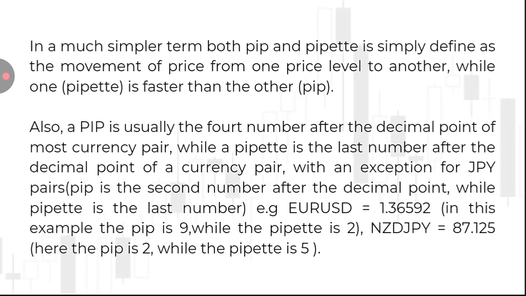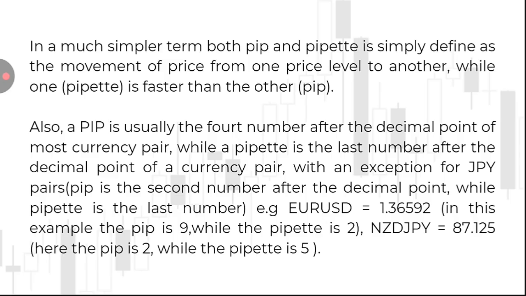So a pipette is 10 times smaller compared to a pip. In simpler terms, both pip and pipette are defined as the movement of price from one price level to another, while the pipette moves faster than the pip.